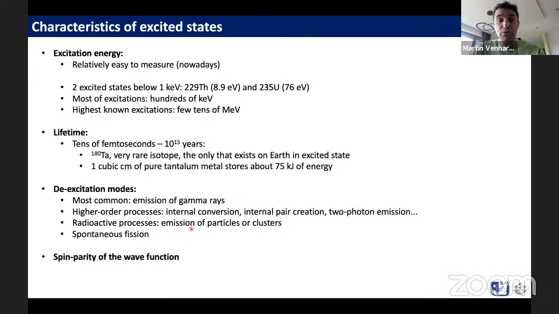Then you can have a radioactive process: alpha decay coming not from the ground state, but from excited states. And there are also excited states that spontaneously fission. And the most important characteristics of an excited state are the spin and the parity of the wave function.